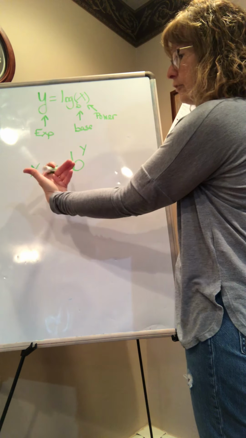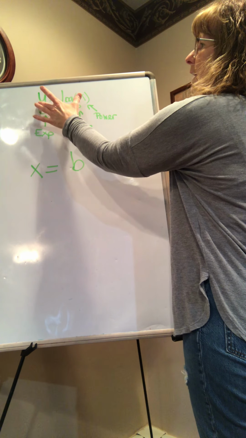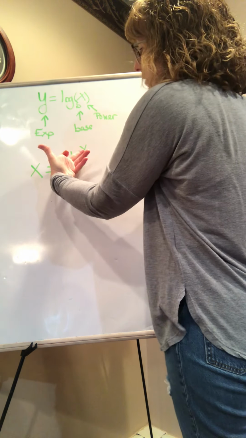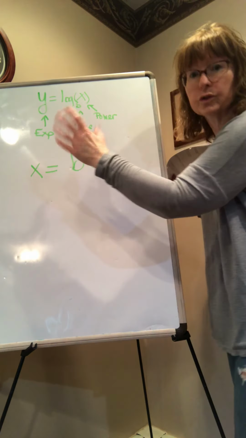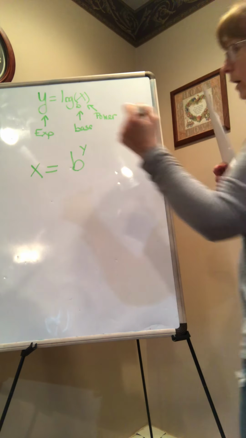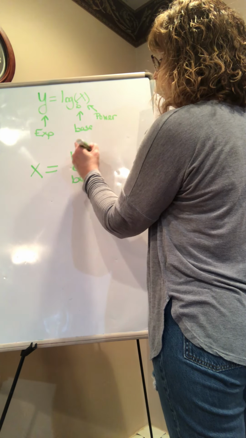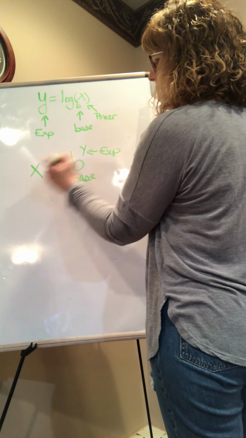And I said in class, you just have to flip your hands around. So here's the exponent and the power, and now here's the exponent and the power. And I told you, if you're flipping your wrists, you're probably doing it right. So again, here's still the base. Now we have the exponent and the power.